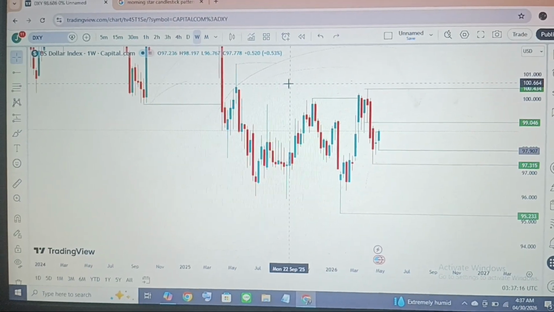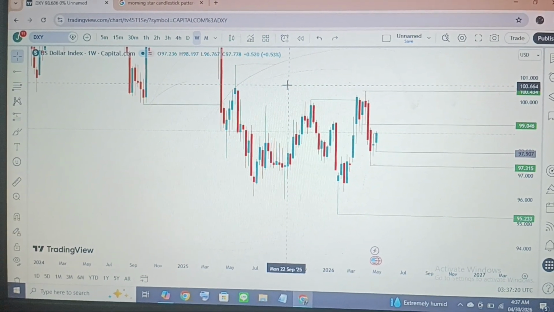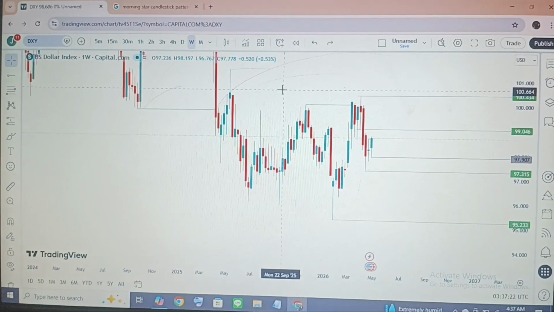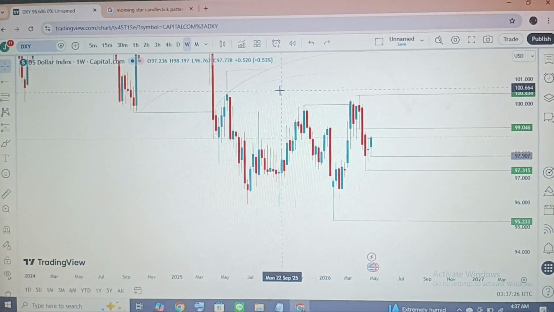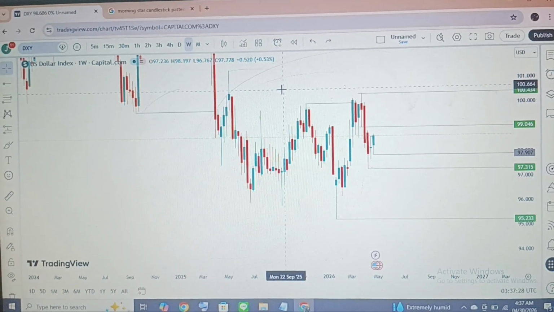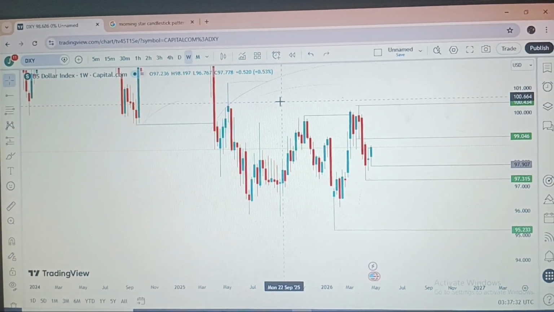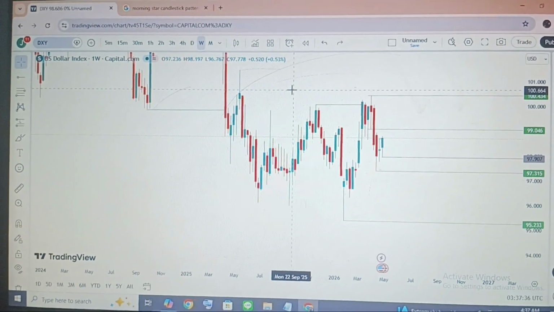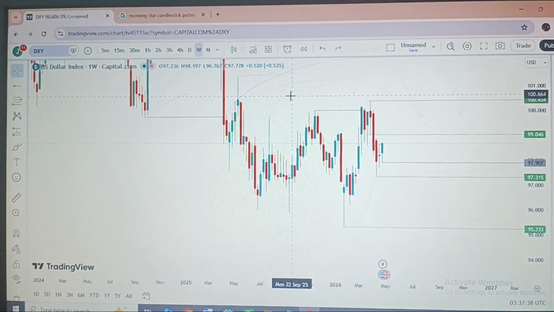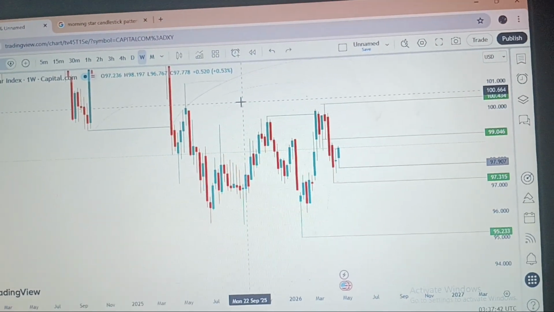If the DXY is trending to the downside, meaning the US dollar is weakening, then every other USD-related pair like GBP USD and Euro USD will do the inverse and push to the upside. So I want to briefly share the analysis of the DXY and the influence it is currently having in the market. That's the essence of me coming here.